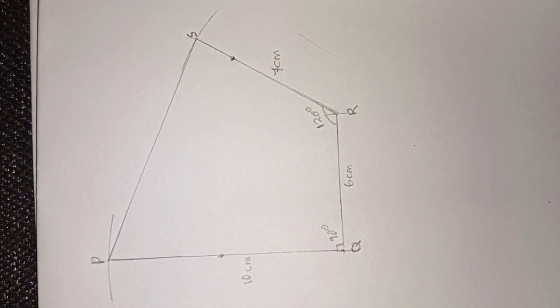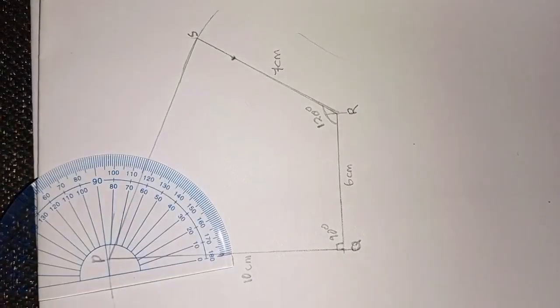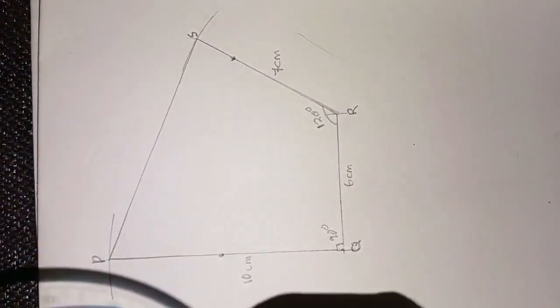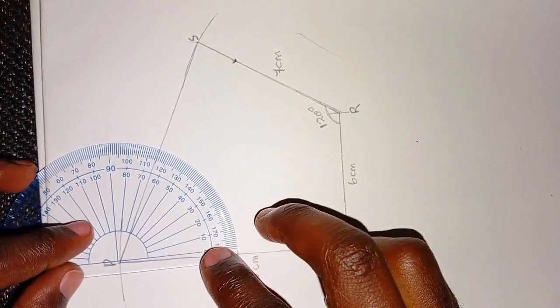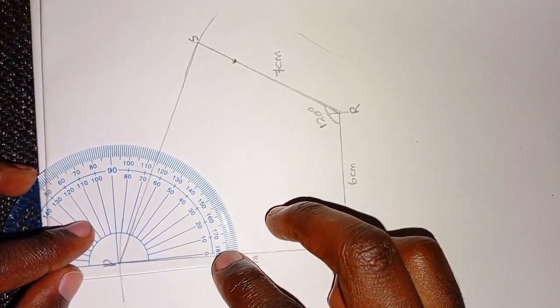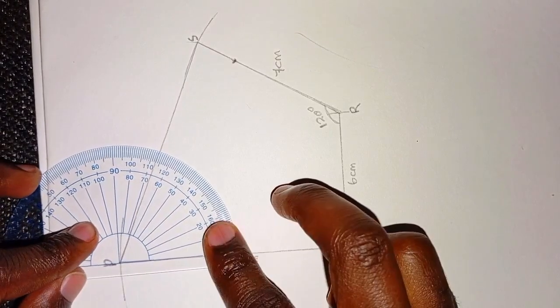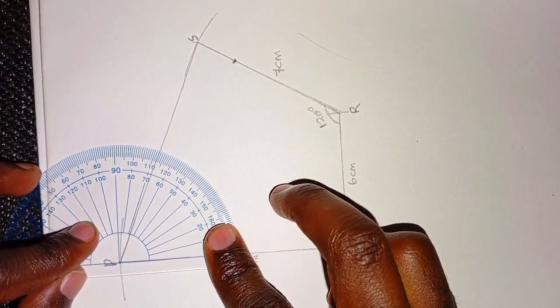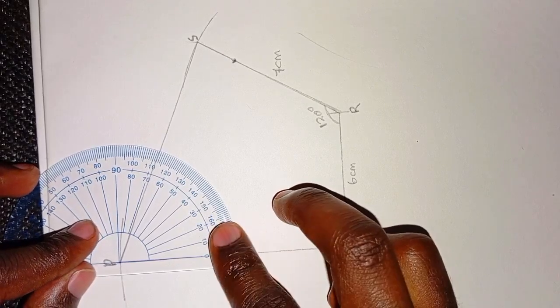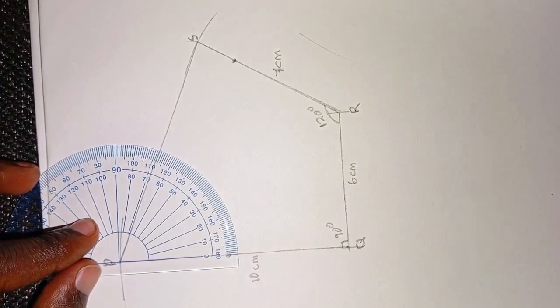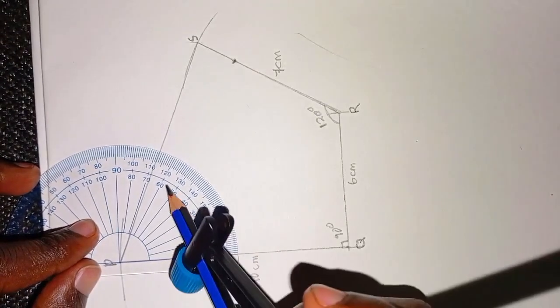Then after this, you get a protractor, a compass, sorry. You place it right at P. Okay. So here I'm getting, this ought to be 0.